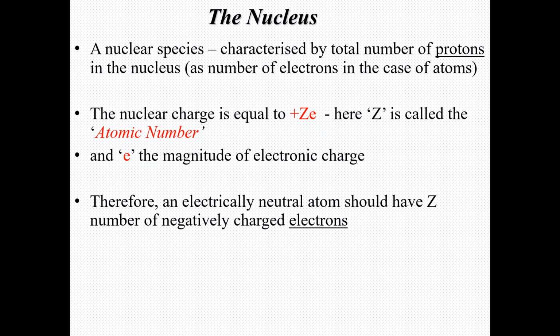So an atom normally contains an equal number of electrons in different orbits outside the nucleus, and the same number of protons inside the nucleus.